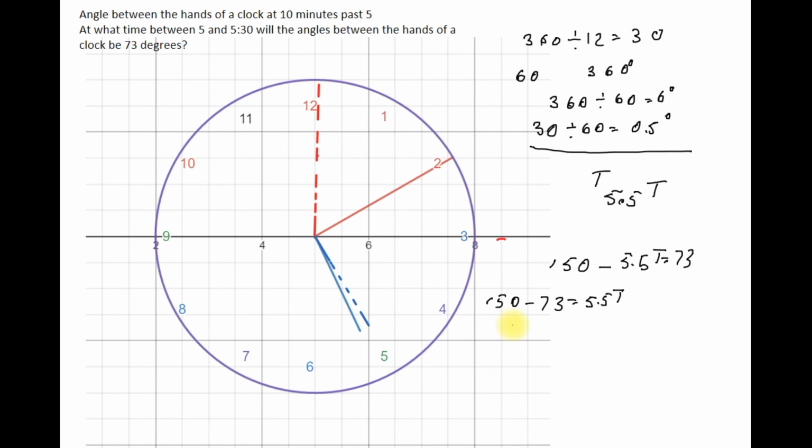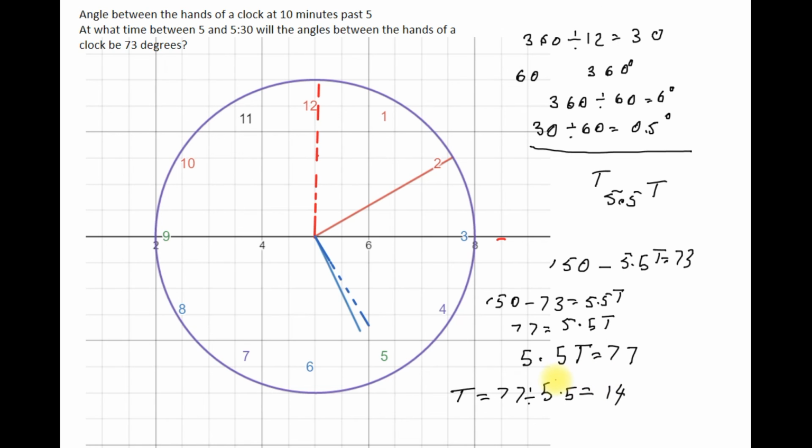This will be 77 is equal to 5.5t, or we can say 5.5t is equal to 77, which means t is equal to 77 divided by 5.5, which will be equal to 14.